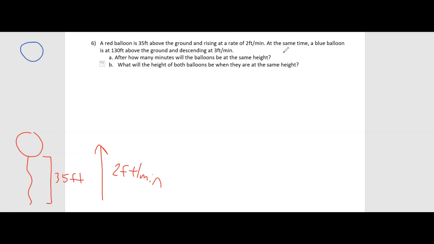So let's do a red balloon here. That'll have to suffice for a balloon. That is 35 feet above the ground. And it is going upwards at a rate of 2 feet per minute. We also have a blue balloon, and that is 130 feet above the ground.